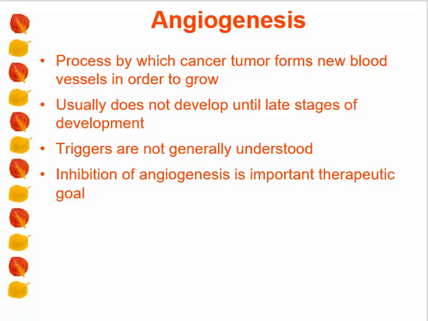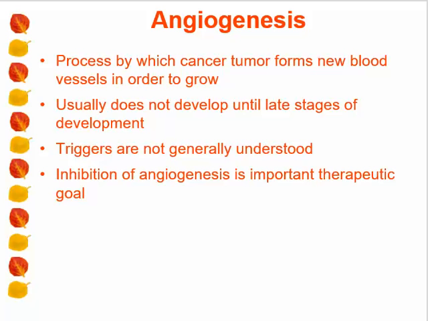Usually by the time a tumor has its own blood supply, it is late stages. We don't really know why it happens, but we do know that when it happens, it's not a good sign. The tumor becomes much, much harder to deal with once there's a blood supply, both surgically and chemically.